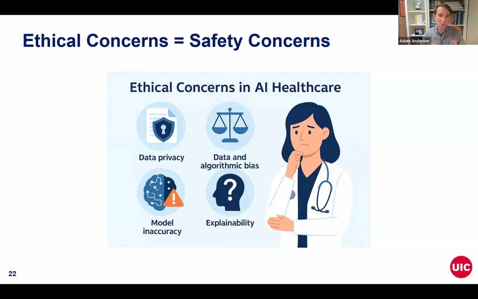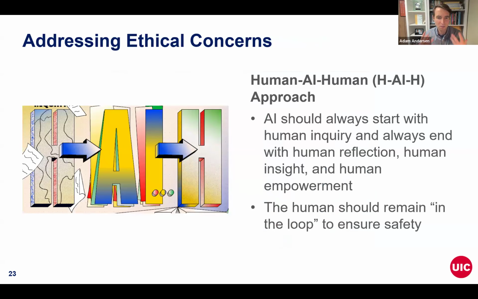So to end with, I think one of the key features of addressing ethical concerns is what has been called the human AI human, or HAIH, approach. And what that says is that the human should always be in the loop, right?